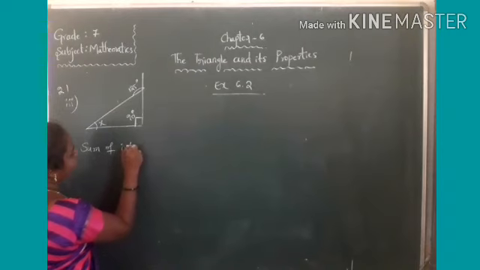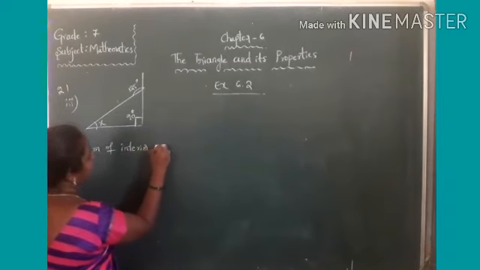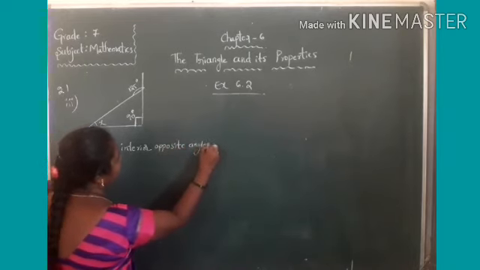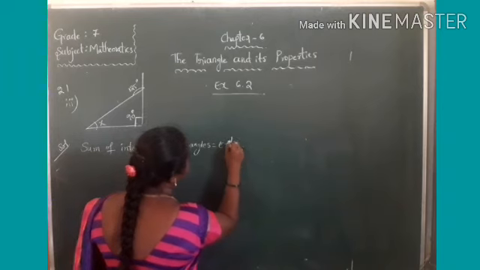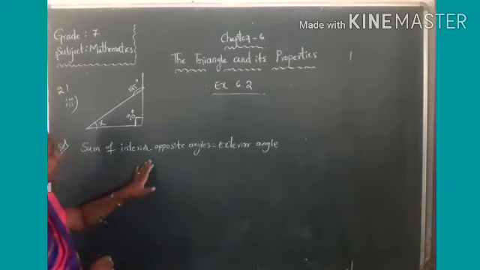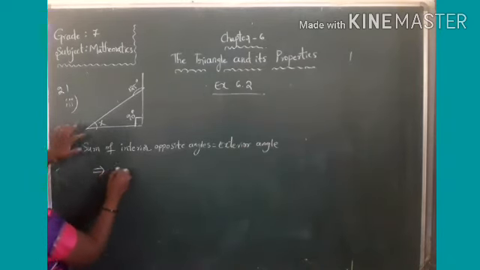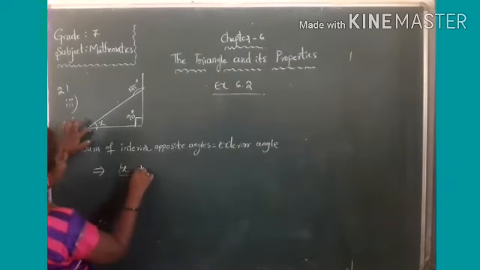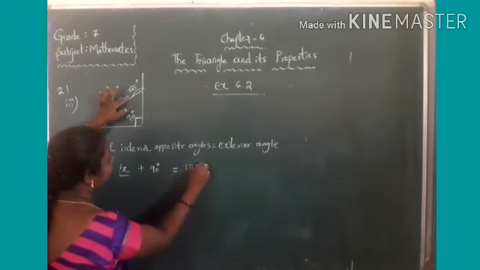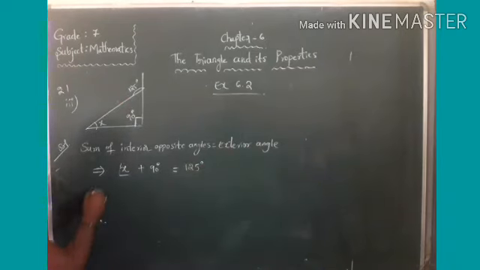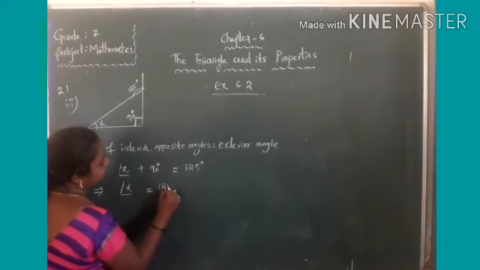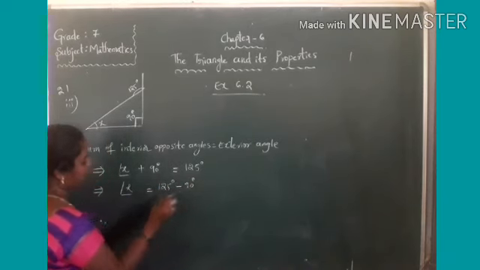The sum of interior opposite angles is equal to the exterior angle. So the interior angles are angle x plus 90 degrees equal to 125 degrees. Same. So transpose 90 degrees, it becomes minus 90 degrees.